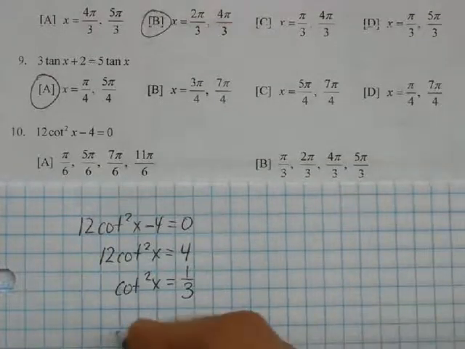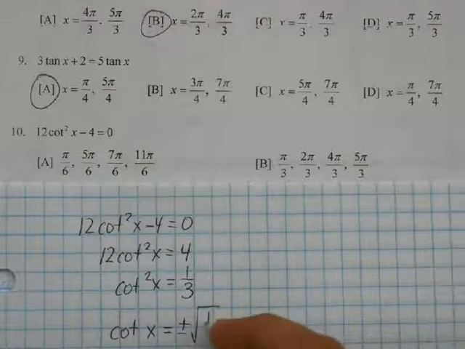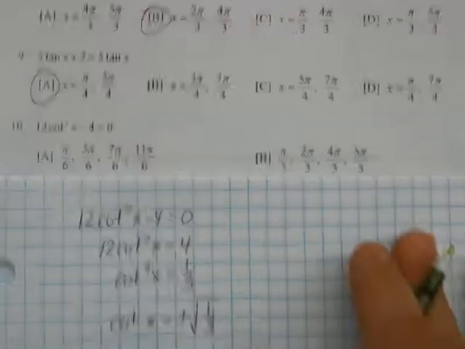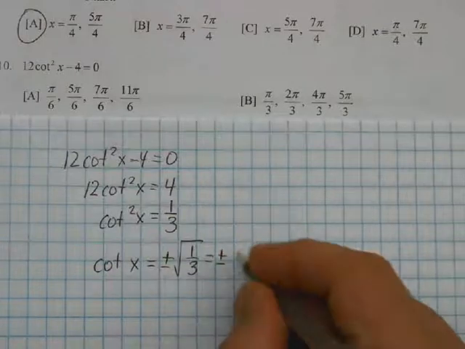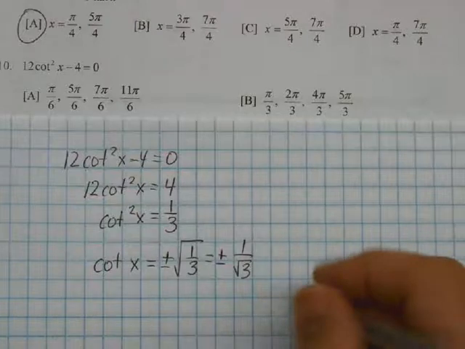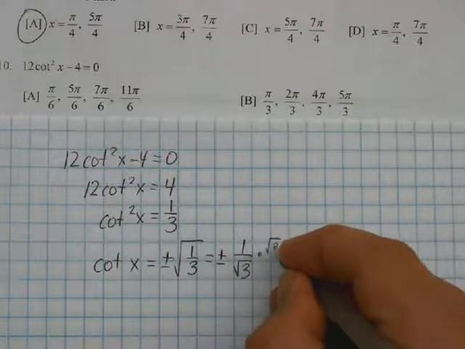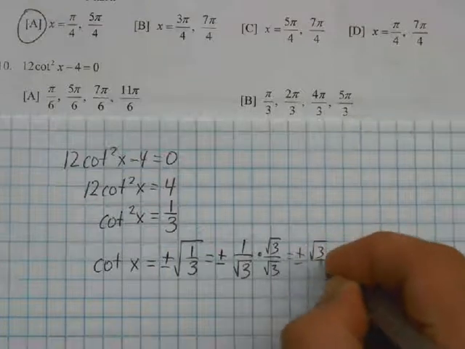So when I take the square root of both sides, I get cotangent x equals plus or minus the square root of 1/3. Which is plus or minus 1 over radical 3. Or plus or minus radical 3 over 3.